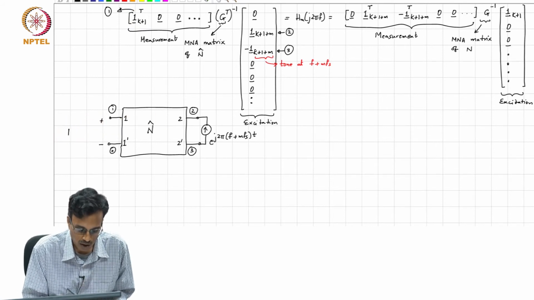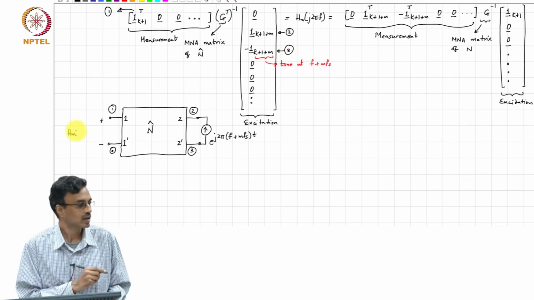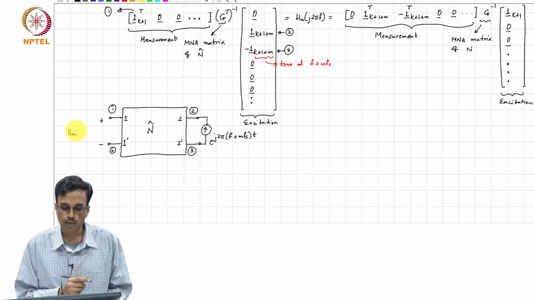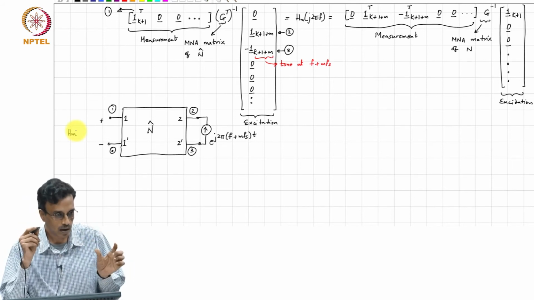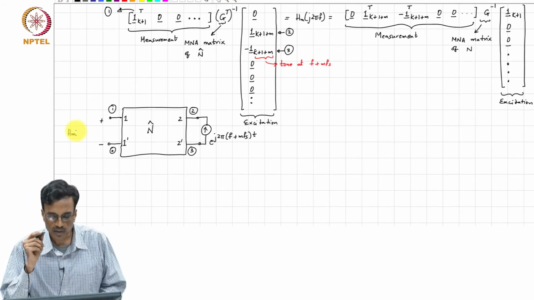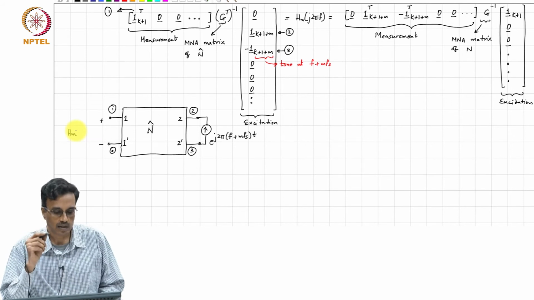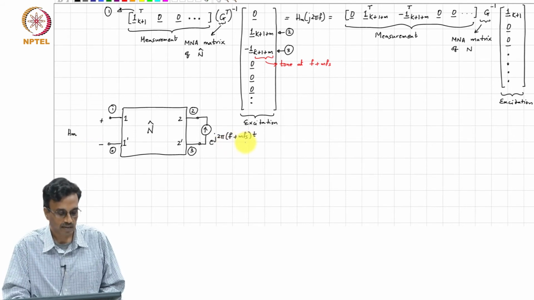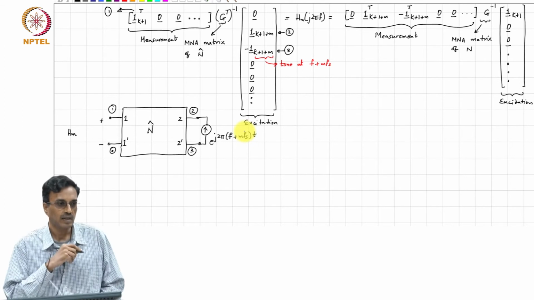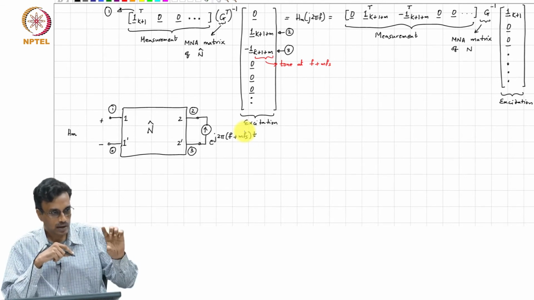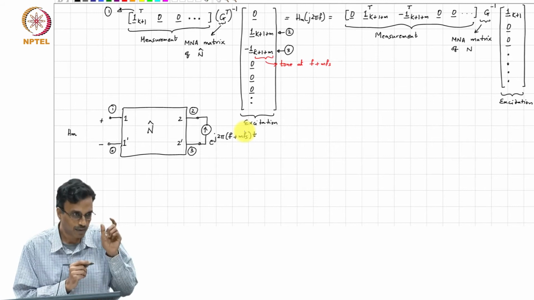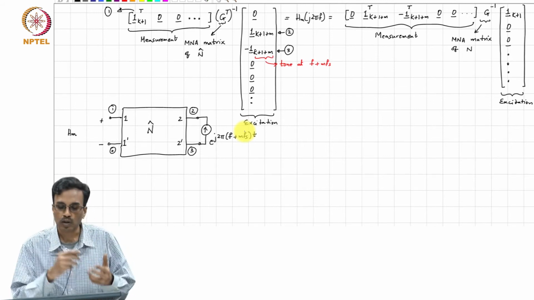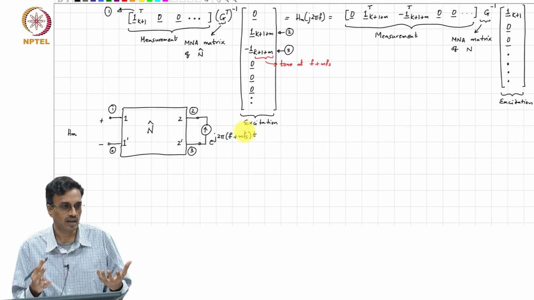So, what the equation is telling us is that if you excite port 2 of the adjoint network with an input at f plus mfs and observe the output at port 1 at the frequency f, what will you get?